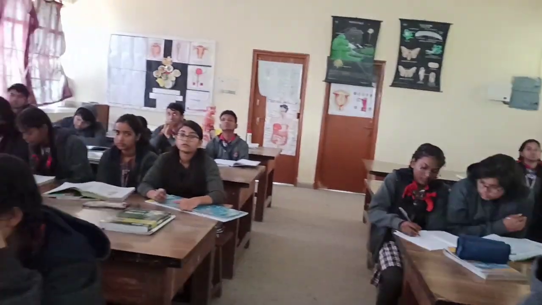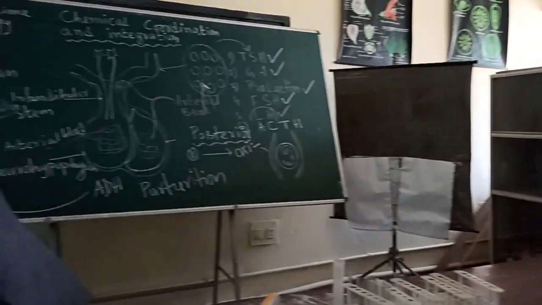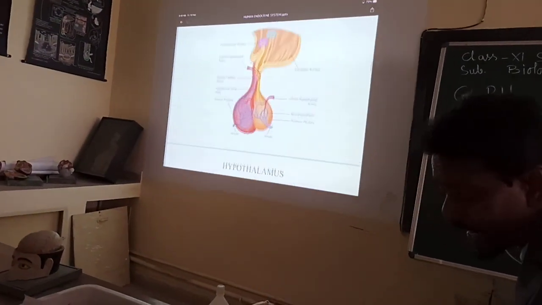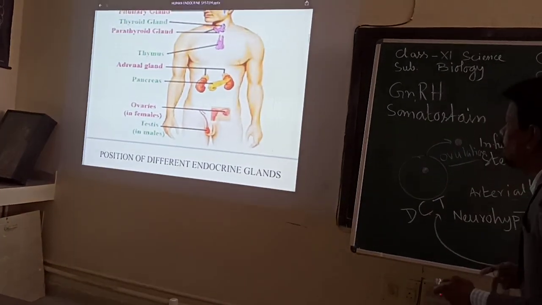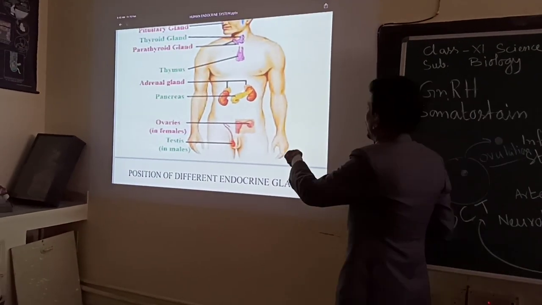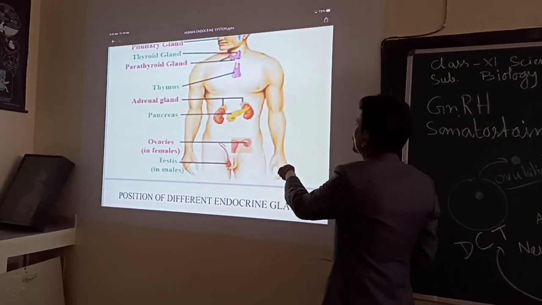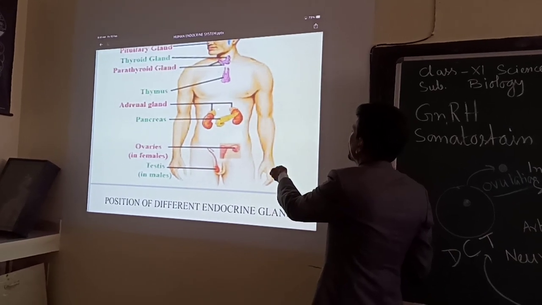What is its role? I will show you again the main endocrine glands. You see the adrenal gland in the form of a cap. Can you see the yellowish cap present at the tip of each kidney?